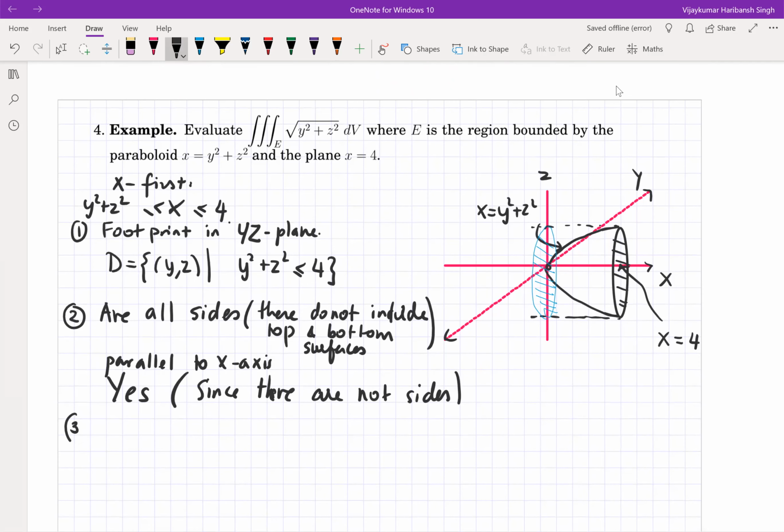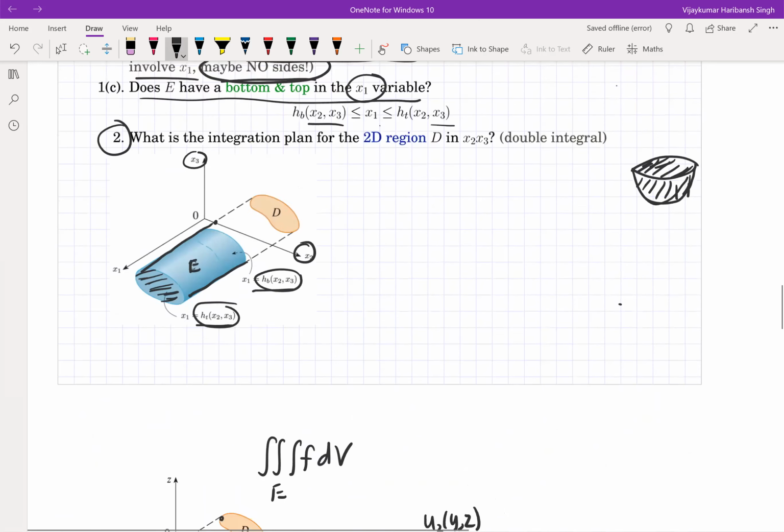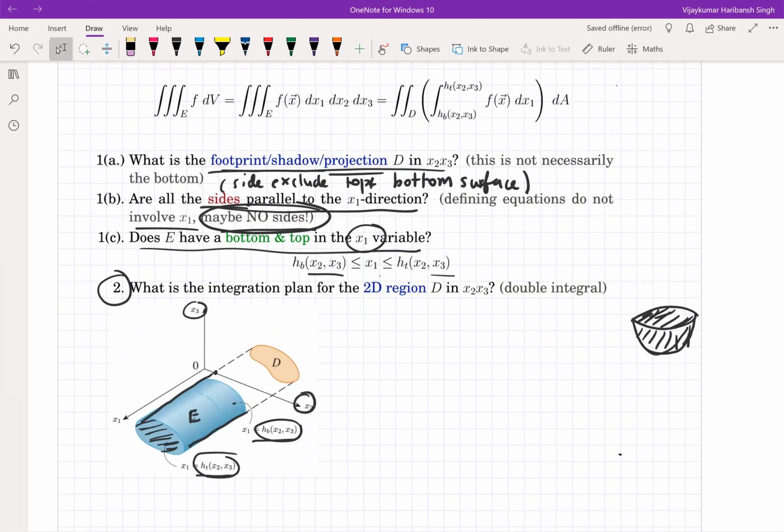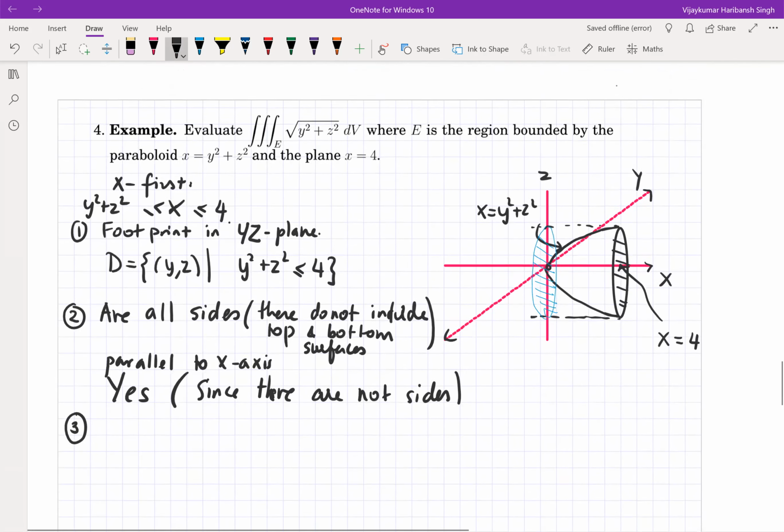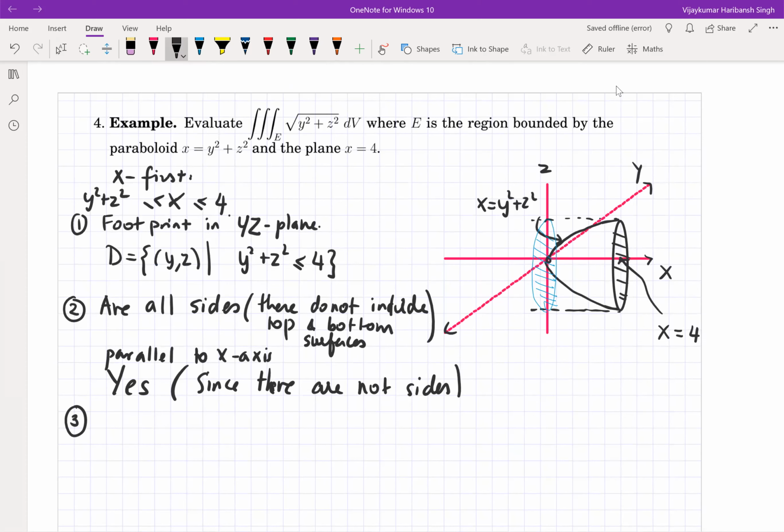All right. Third, let's look at the third part. Does E have top and bottom in x2, x3 variables, right? That's better. So let me call these 1A, 1B, 1C, right? That's what we've been doing. So what is C?